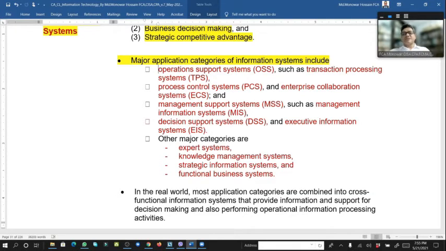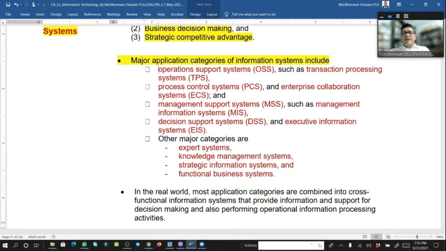and functional business system. So that type of application we are using, and all are systems, and all are subsystems of a big system, and within all systems making a big system.